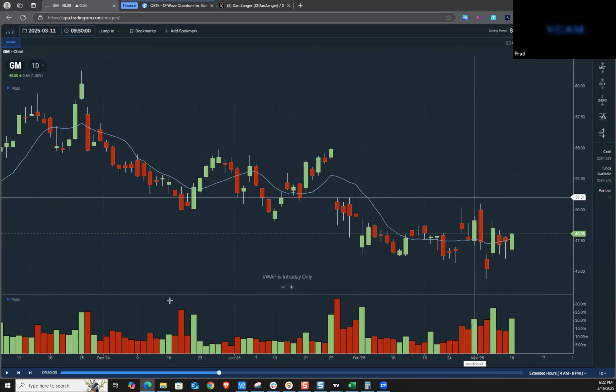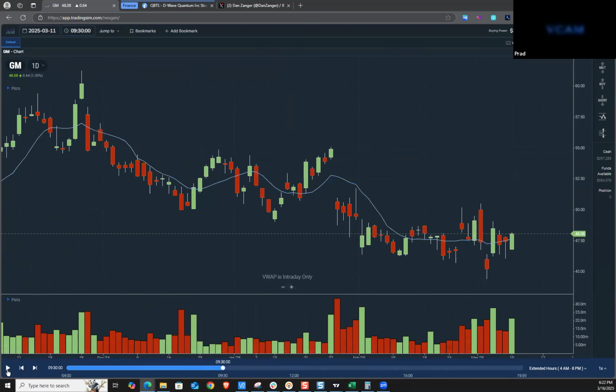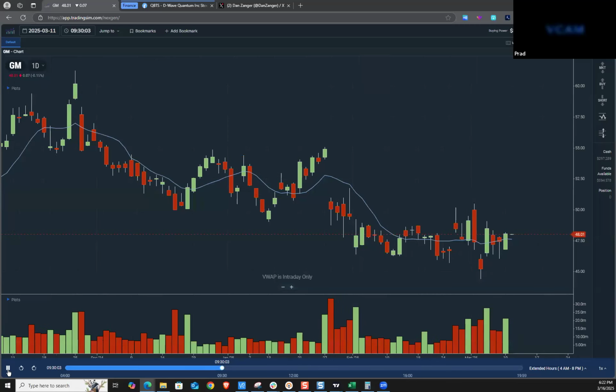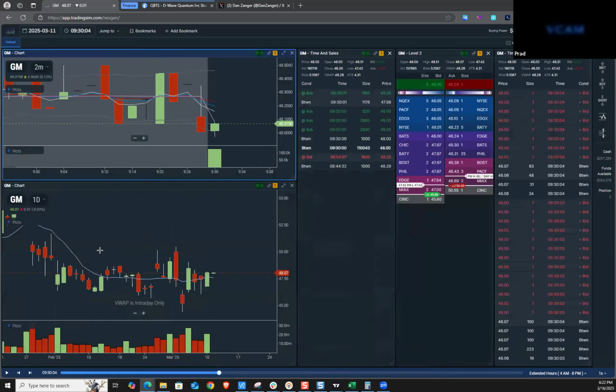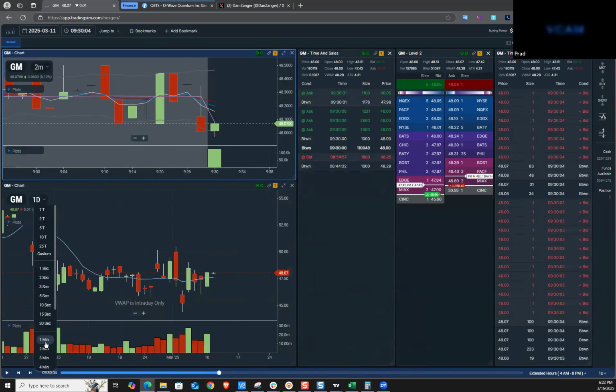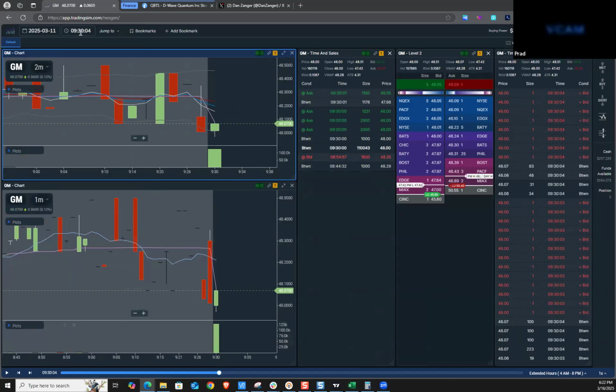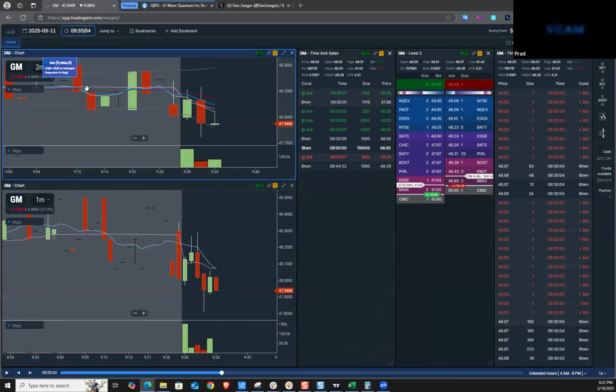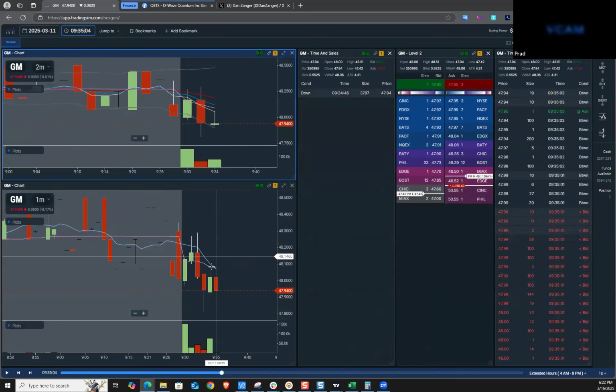So I instantly pulled up GM and saw the initial flush that Andrew was talking about, and then waited for the pop, and I shorted the pop, and I pretty much got the move all the way to the low of the day. But I hesitated on the capitulation long and on the backside scalp too. So that's the 3 and the 4 that I marked in the chart.